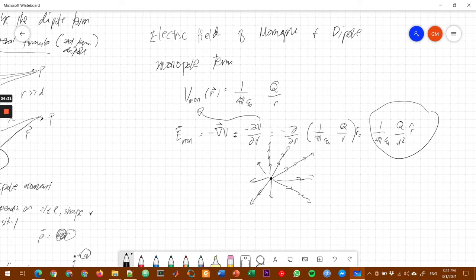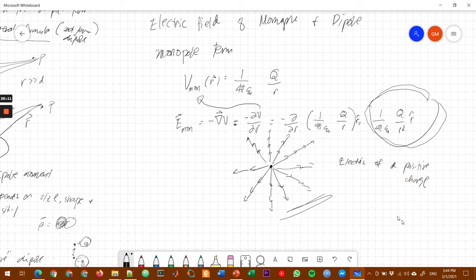That's the electric field of a point charge. It's an elementary, or high school, basic understanding of electrostatics, that the electric field of a positive charge is given by this, and it's dependent only on R hat. Now, how about the shape of the electric field of the dipole?